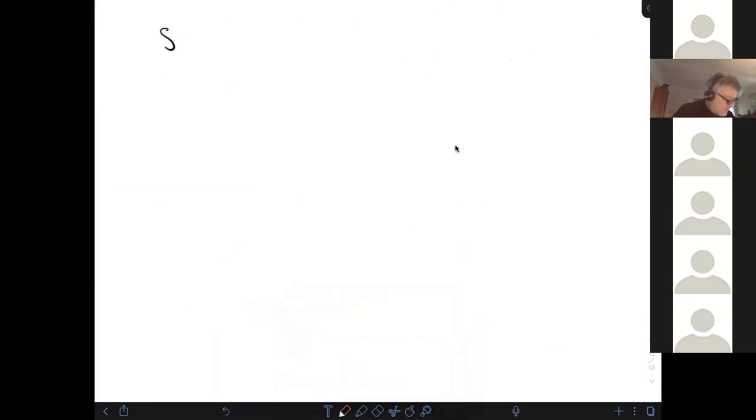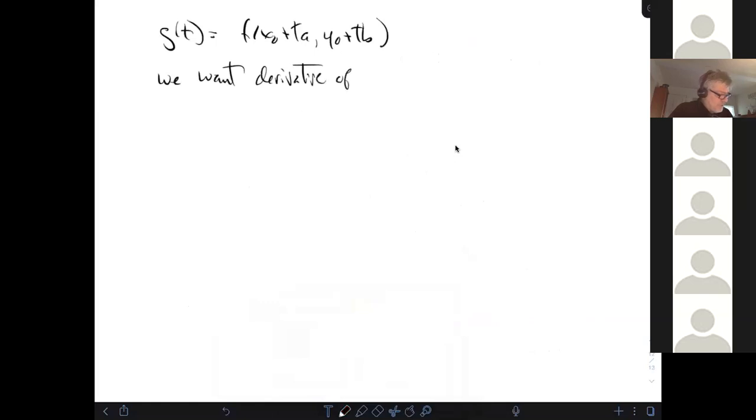So we've got g of t is f of x0, y0 plus... we're almost done with this. So we want the derivative of g at the point corresponding to x0, y0 in our picture. So which value is that?